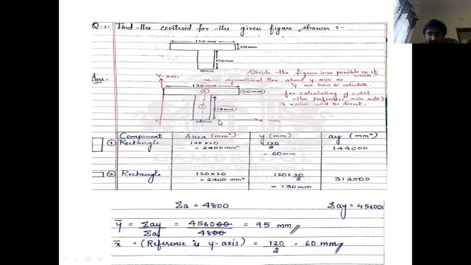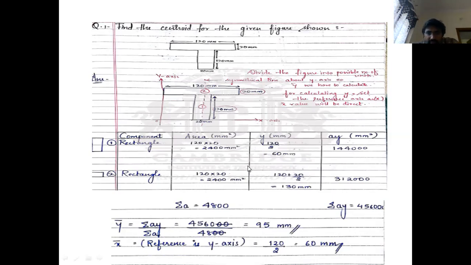What is the CG of this rectangle? B by 2 and D by 2. So now this will be D by 2, that is 120 divided by 2, so I am getting 60 mm. So what is the area times y? That will be A into Y, which is equal to 2400 multiplied by 60. How much will you get?